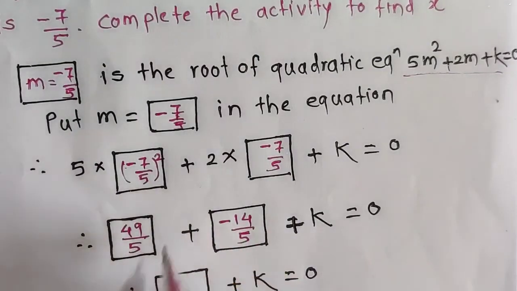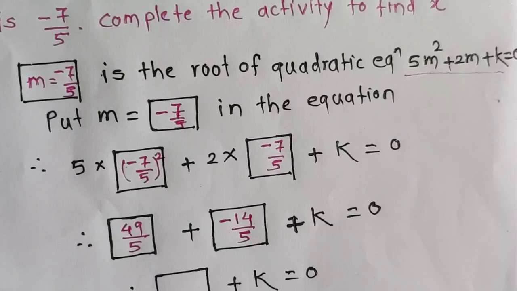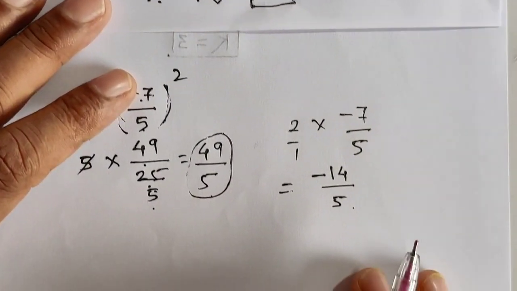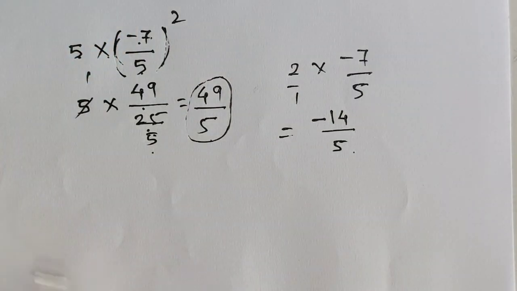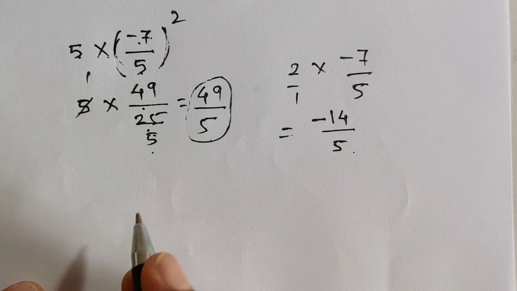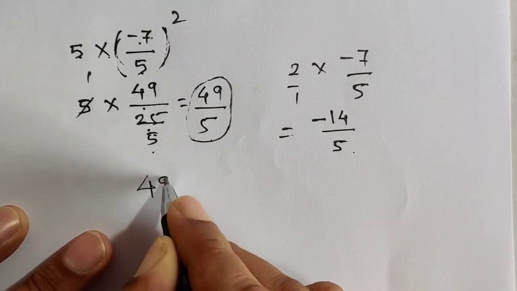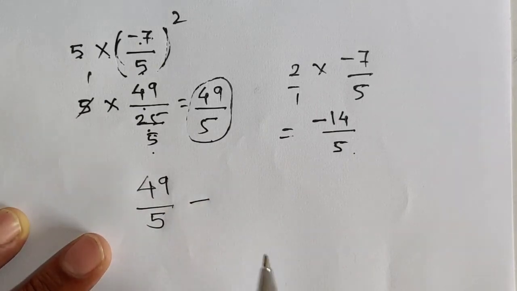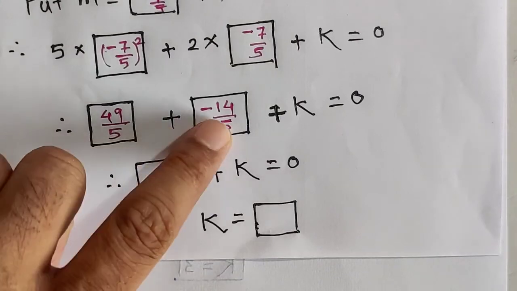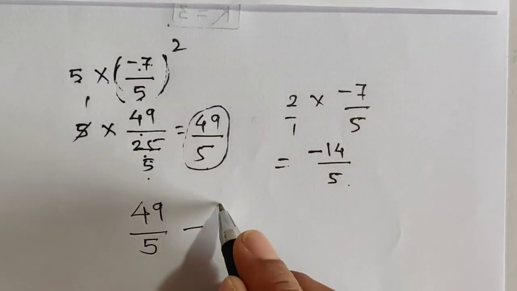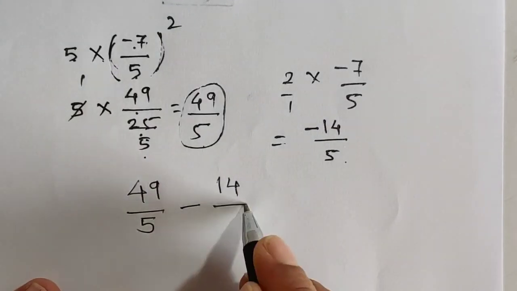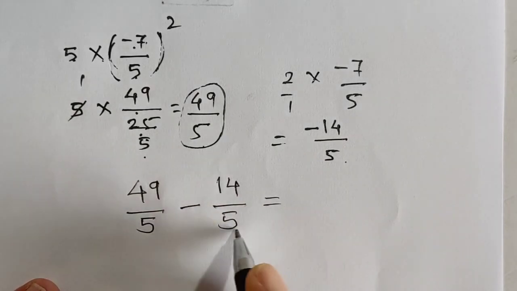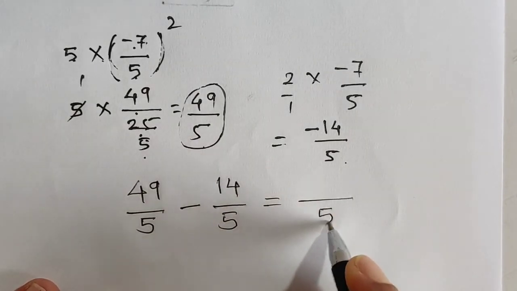Now add these two numbers. Again separately add these two numbers on the rough paper. So here the numbers are 49 upon 5 and minus, because plus and minus both signs are here, so it becomes minus 14 upon 5. Whenever there is a common denominator, 5 is taken as a common denominator.